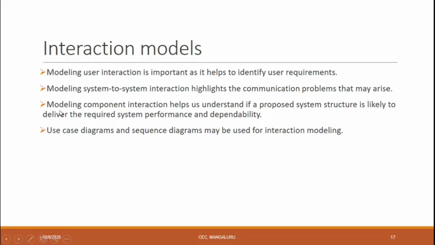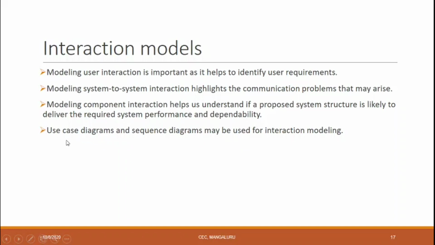The third point on interaction modeling is that component interaction helps us to understand if a proposed system structure is likely to deliver the required system performance and dependability.